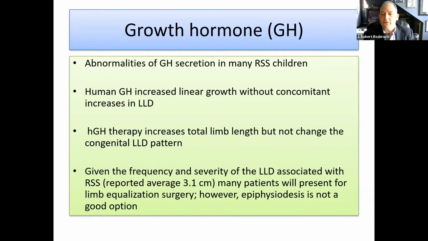Given the frequency and severity of leg length discrepancy associated with RSS, and the average is about 3.1 centimeters, many patients will present for limb length equalization surgery. However, as I just stressed, epiphysiodesis is not a good option for the reasons that we discussed.